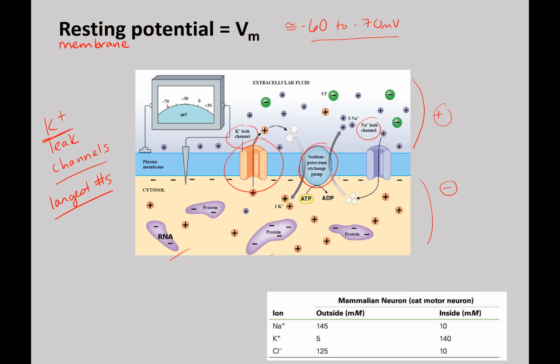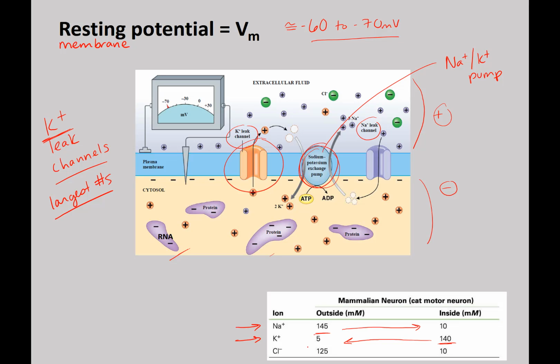And don't forget our friend here, the sodium-potassium pump that helps maintain this enormous concentration gradient across the membrane. If you look down in this chart, sodium and potassium have very big differences outside and inside the membrane. So obviously, sodium through the leak channels is going to come in, and potassium through the leak channels is going to go out based on diffusion, and our sodium-potassium pump helps maintain this difference in concentrations.